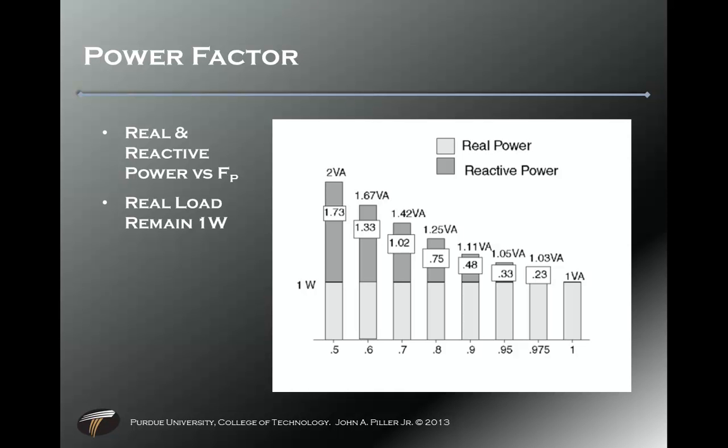If you end up with 1.03 VA, you have 0.23 reactive power. And it goes all the way up to, if we end up with 2 VA, you end up with 1.73 Q. It increases, but you never get any more usable power out of the system than 1 watt.